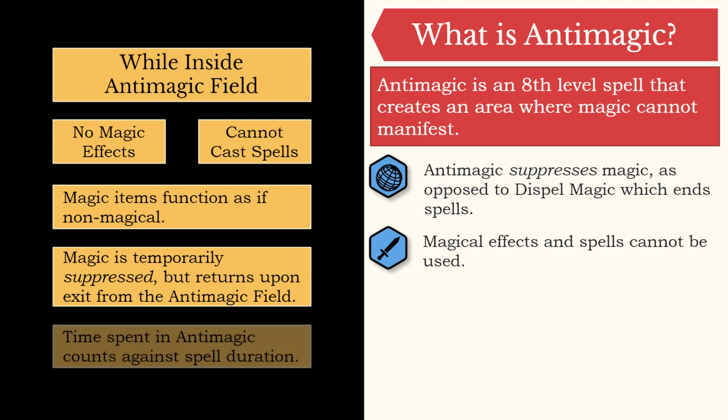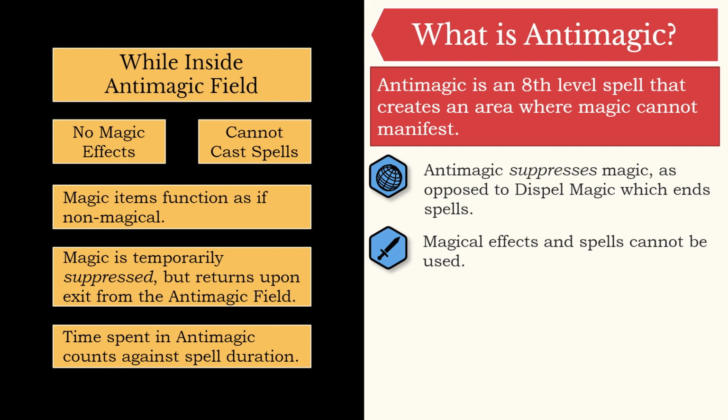However, it's important to note that the time spent inside an anti-magic field does count against the duration of spells and other magical effects, even though they are not functioning. So in the case of our wizard's invisibility spell, it has a duration of 1 hour.